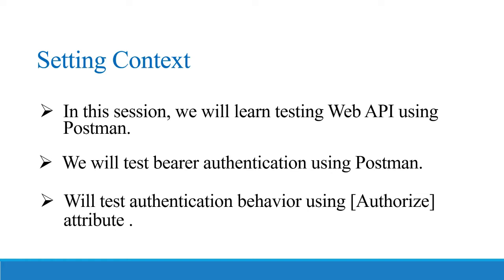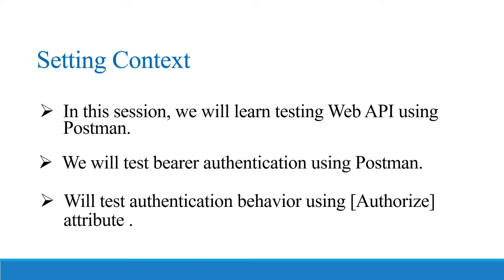So in this video, we will test bearer authentication using Postman. We will add required data into the header, and then we will test the web API and see what result we are getting.